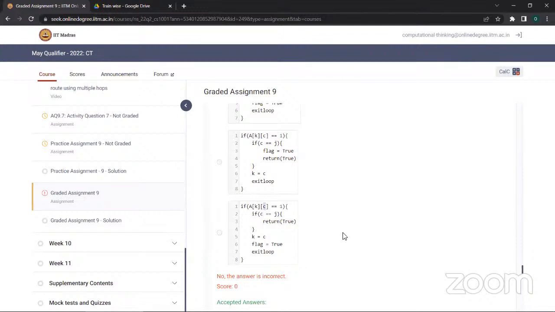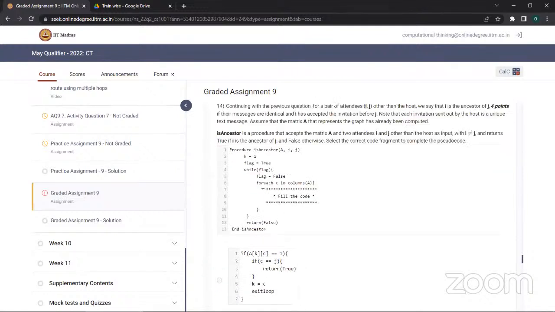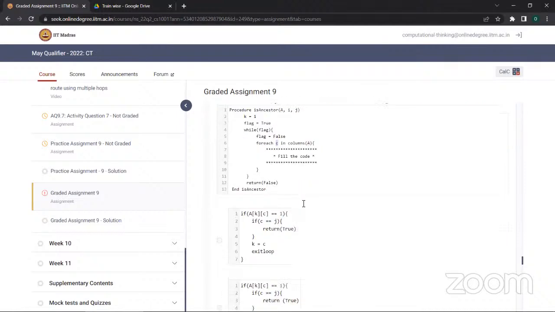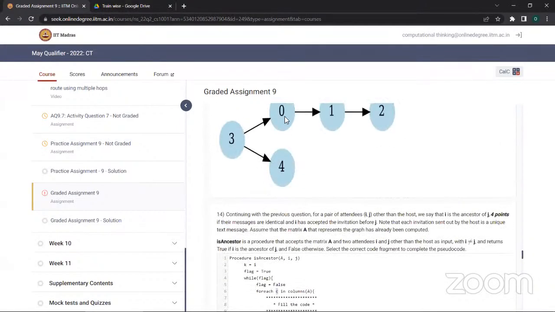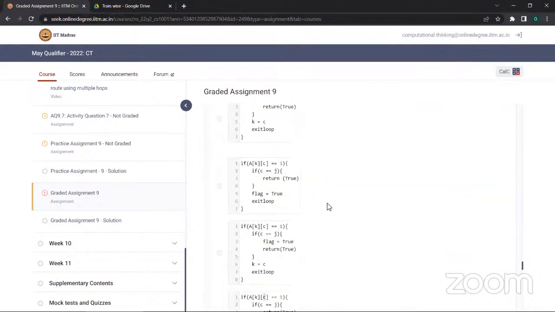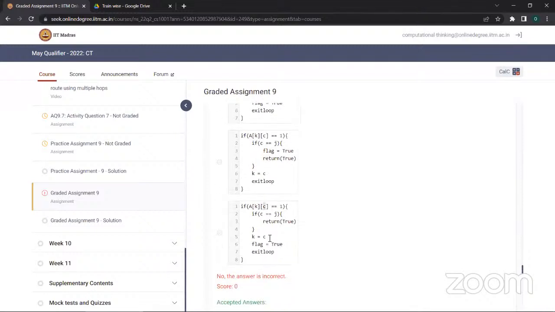How, sir? Yeah, we are iterating over this. This is C, right? C will always go from 0 to n-1, no matter what. It will always go from 0 to 1, right? So whatever you are saying, 0 and 1, it's anywhere a direct edge, right?